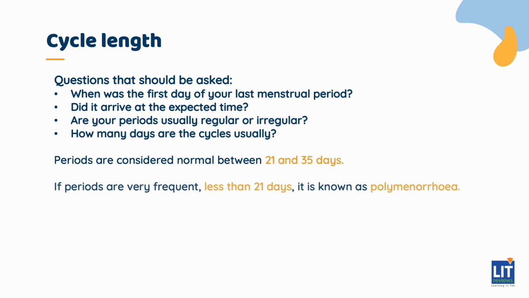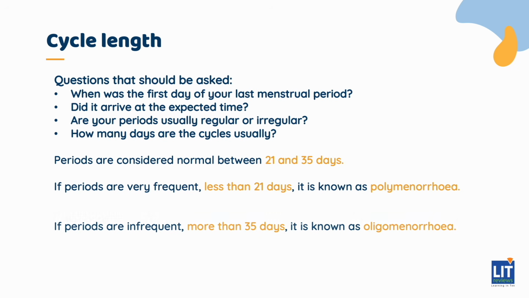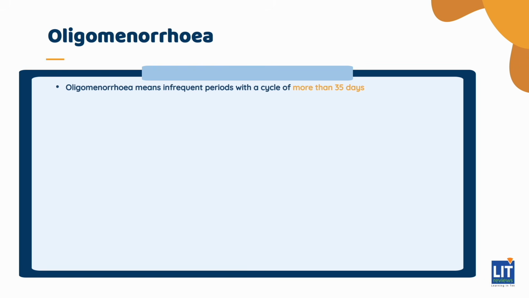If periods are very frequent, less than 21 days, it is known as polymenorrhea. If periods are infrequent, more than 35 days, it is known as oligomenorrhea. Oligomenorrhea means infrequent periods with a cycle of more than 35 days.